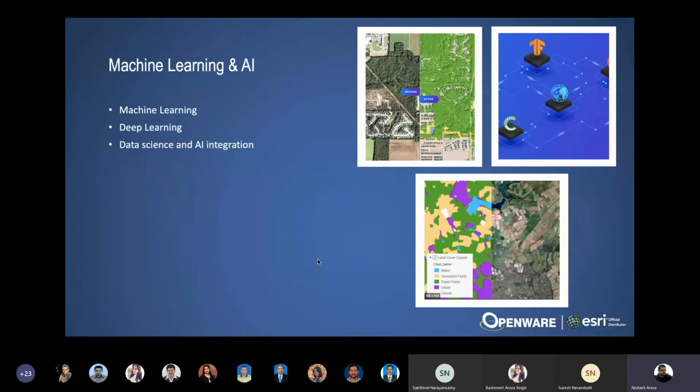If you have worked on remote sensing data or satellite data, for example to find objects or do land use or land cover classification using remote sensing or digital image processing software, you will find that you've been doing machine learning. But there have been new additions to machine learning, which is deep learning, and we'll see how artificial intelligence, machine learning, and deep learning are correlated to each other.